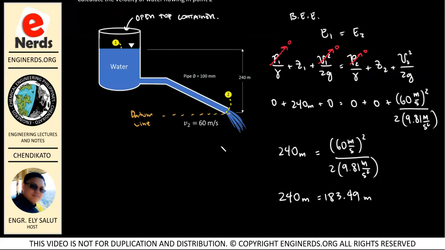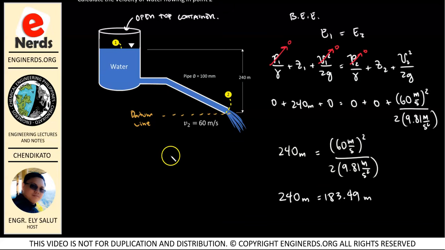So, anong nangyari? Okay, so we have the energy head dito sa ating point 1, which is 240 meters. Energy head sa ating point 2, which is 183.49 meters. So, bumaba yung ating energy, no? From 240, bumaba siya to 183.49. So, it tells us that there is energy that is lost.